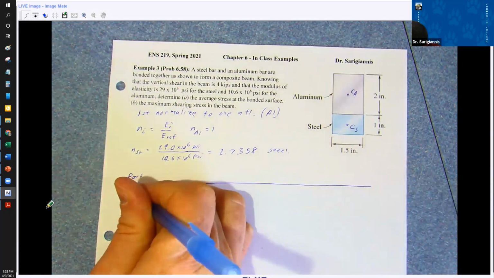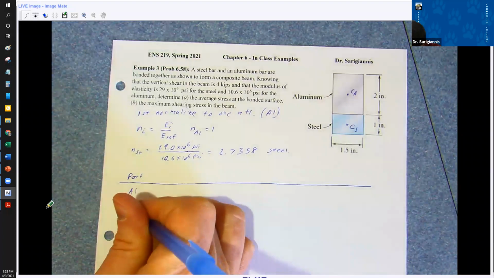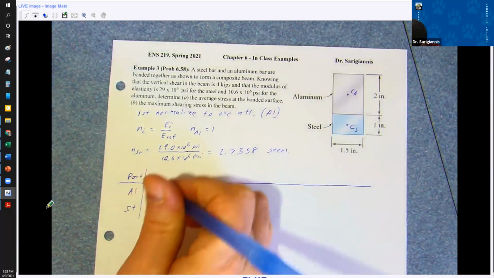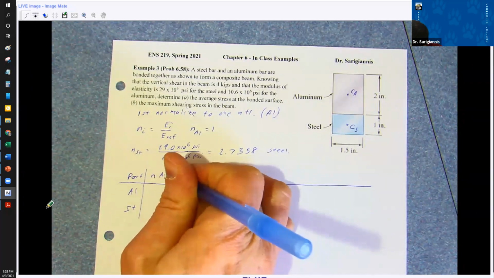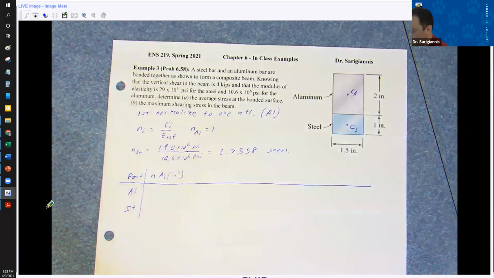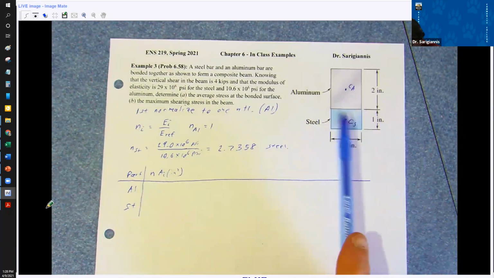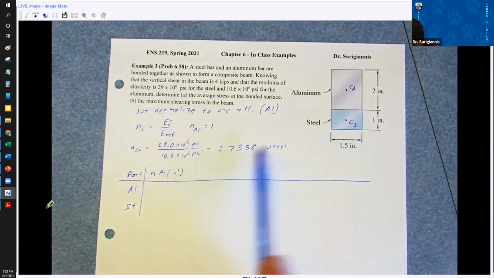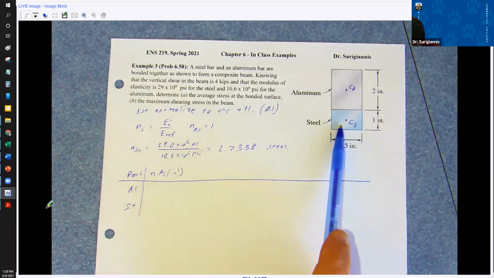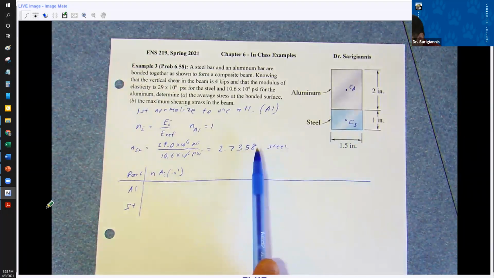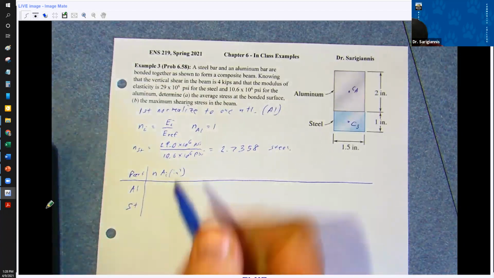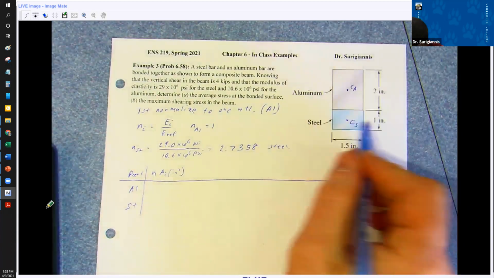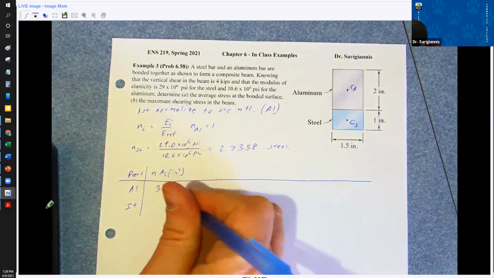So the neutral axis, let's look at the part. I'm going to make a table here. We've got aluminum and we've got steel. The area is what I'm going to be multiplying by n, right? Because what I'm saying is, if this were aluminum, it would have to have 2.7358 times the area of steel. Let's do the math here. For aluminum, we've got 2 by 1.5, so we've got 3 inches squared.